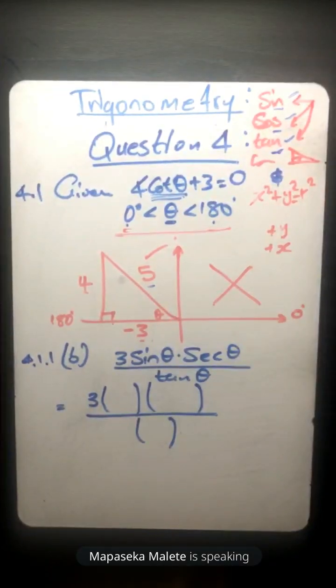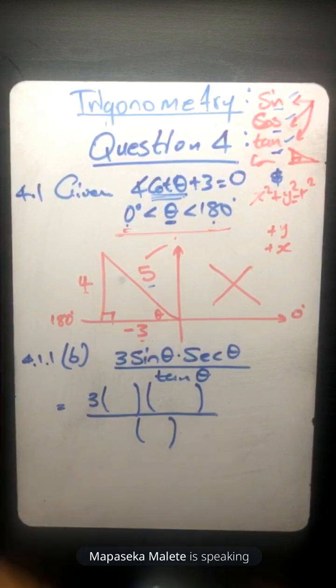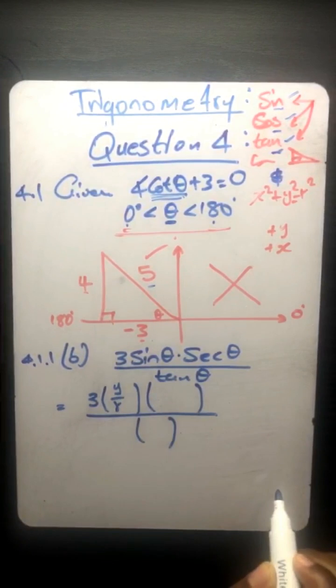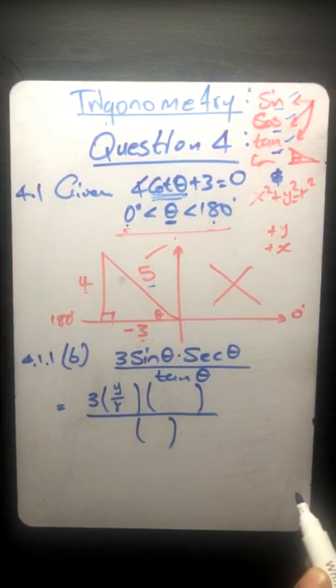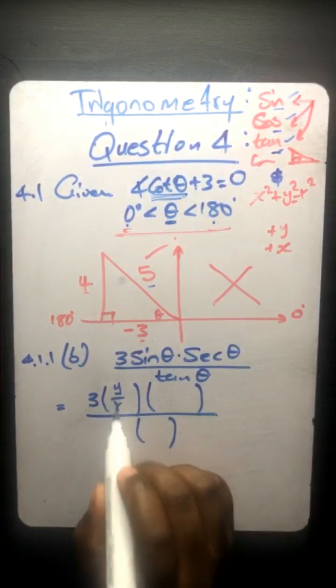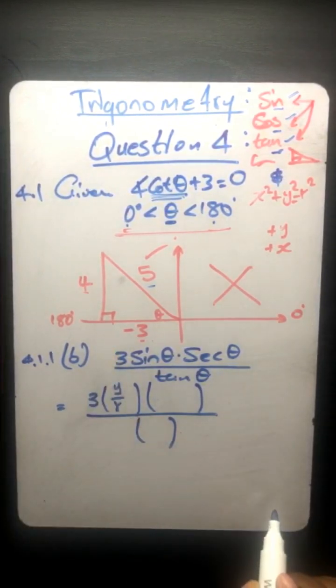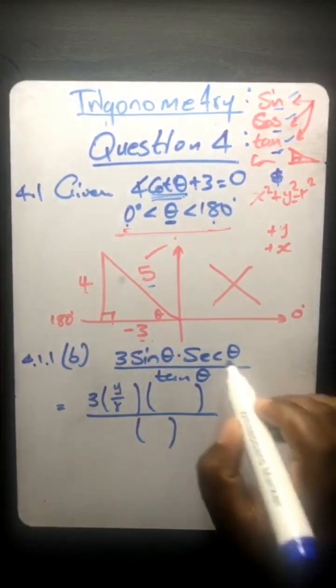Y over r, sir, is equal to 4 over 5. Okay, y over r. Let's do it step by step just for today, and in upcoming lessons, if it's y over r, we just take the values straight away.